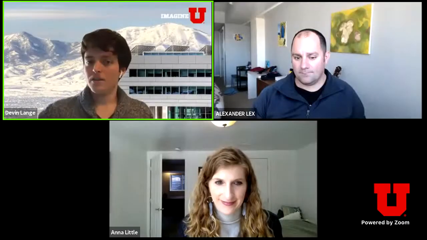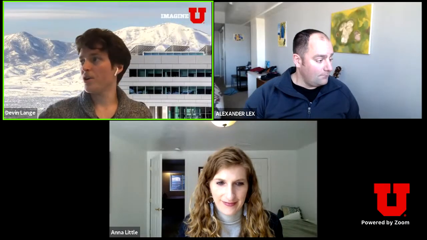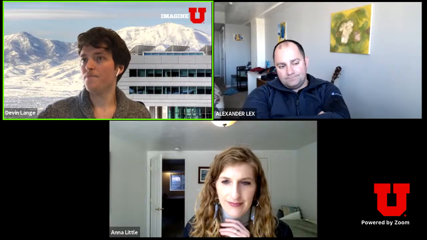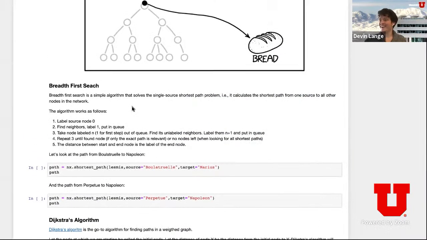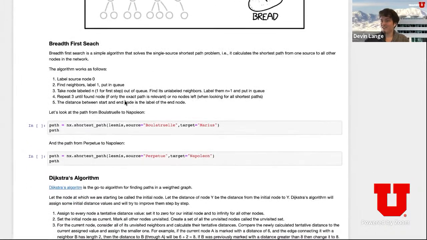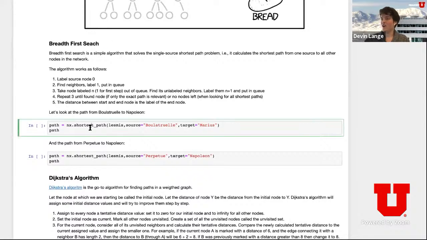Cool. So turns out this works on this first type of graph, right? Yeah, and let's see. We can actually call shortest path here in NetworkX, and this implements this sort of procedure for us.